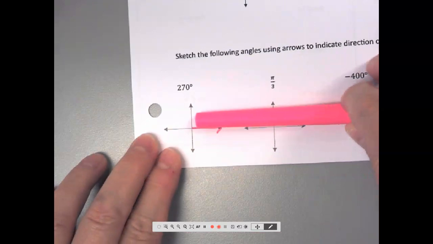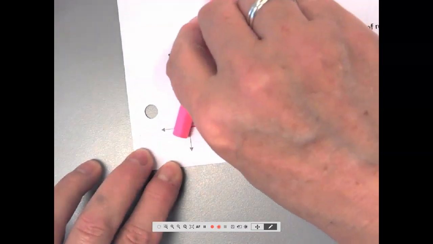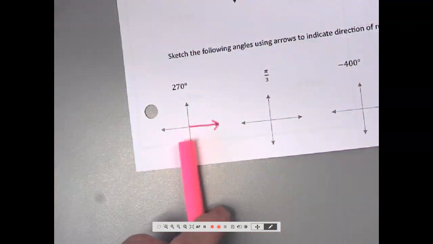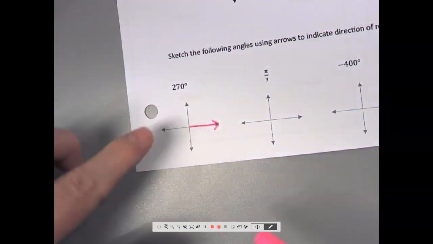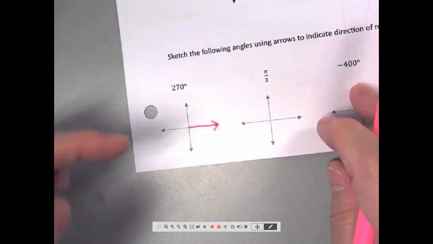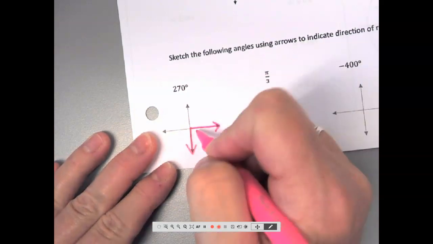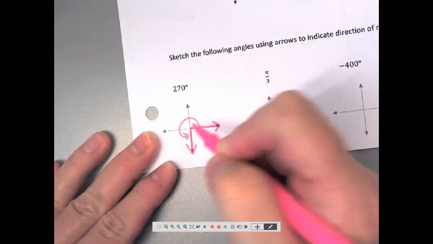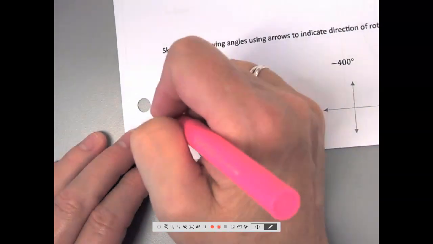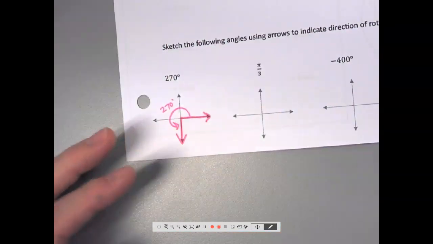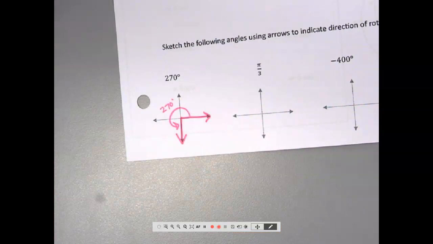You stop on the negative y-axis, down here. That's pretty easy to figure out because each quadrant's 90, so 90, 180, 270. So I would stop rotating here, and my direction of rotation was that way. That tells me which way I went, where I started, where I stopped. And often we'll just draw in the arrow or the ray where we stop because it's always known that you start on the positive x-axis.